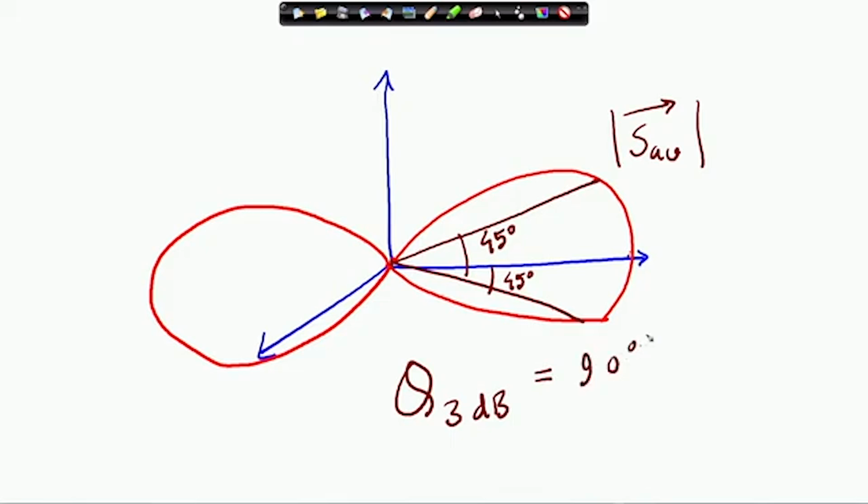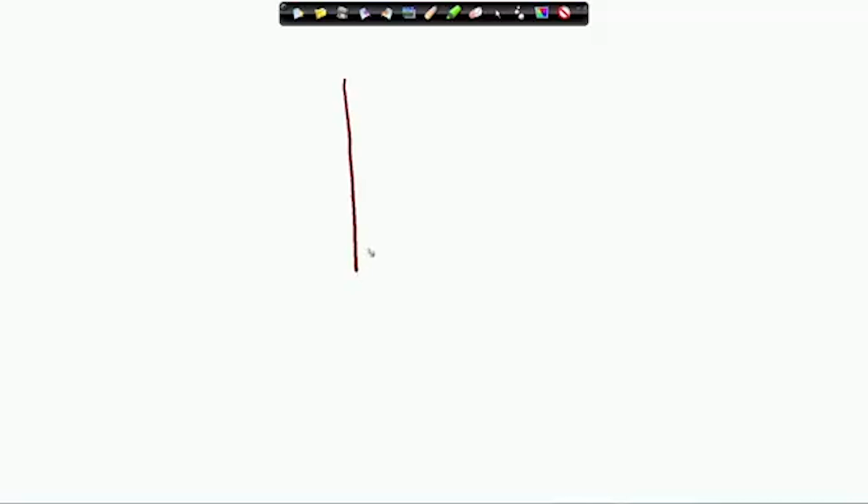So, in the E plane the beam width is 90 degree, and in the H plane of the current element, what will be the beam width?